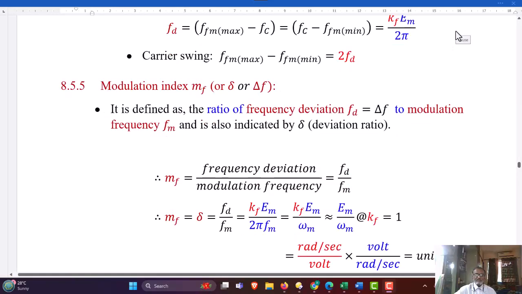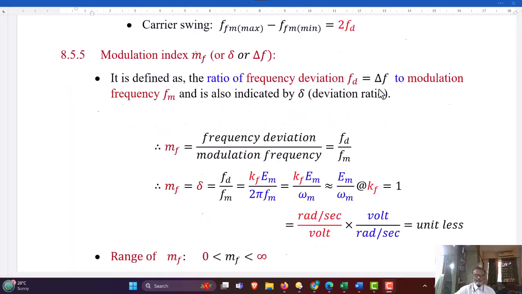Let us estimate a parameter that is called modulation index. It is denoted by mf, or also denoted by delta or delta f. The modulation index mf is defined as the ratio of frequency deviation fd to the modulation frequency fm.